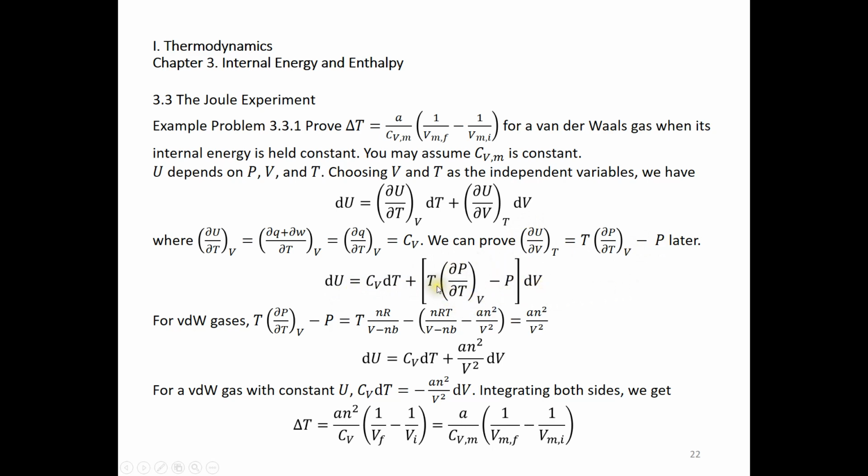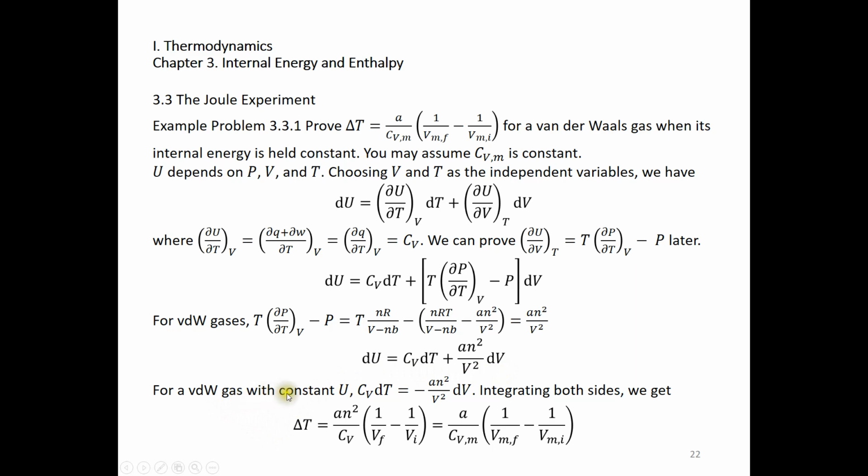That something is T times delta P over delta T minus P. For a van der Waals gas, we have this derivation. This part is just a n squared over V squared. Now we have a simple equation for dU. It's C_V dT plus a n squared over V squared dV. Only 2 terms. This term depends on the temperature change. The second term depends on the volume change.